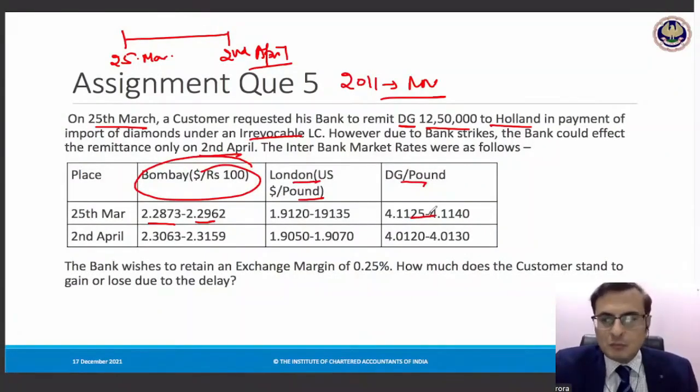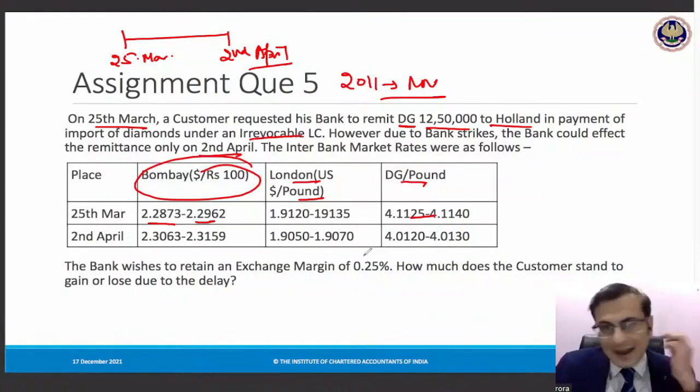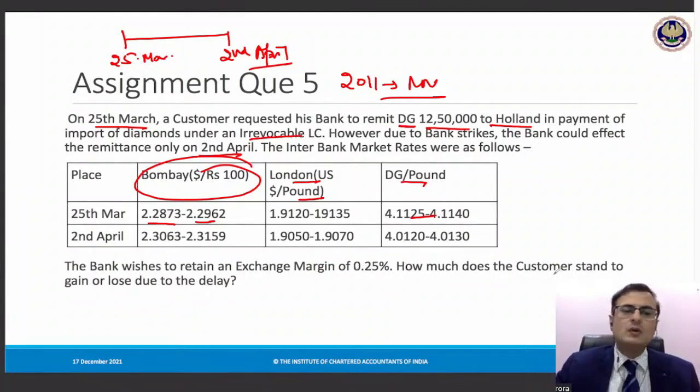To give you more clarity, in this question I will be calculating those bid and ask here itself, so that I am not required to use the assignment. And when we calculate the profit and loss, we'll do it in the next slide. The bank wishes to retain the exchange margin of 0.25%. How does the customer stand to gain or lose due to this delay?